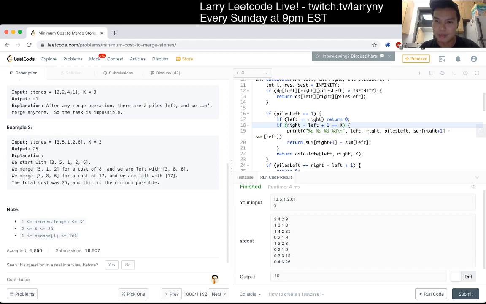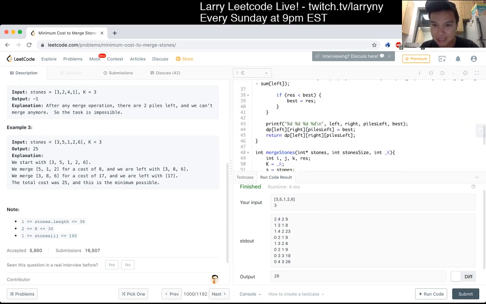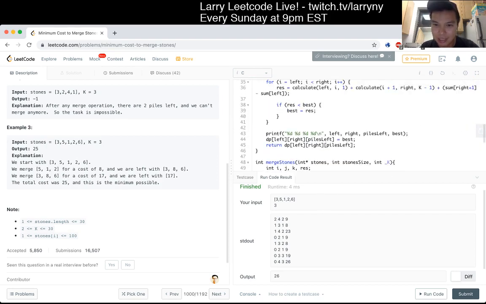One pile left. Okay. No, this can't be pointing from here because piles left is not 1. But how else are you going to get 2 piles from 1 to 3? That doesn't make sense.